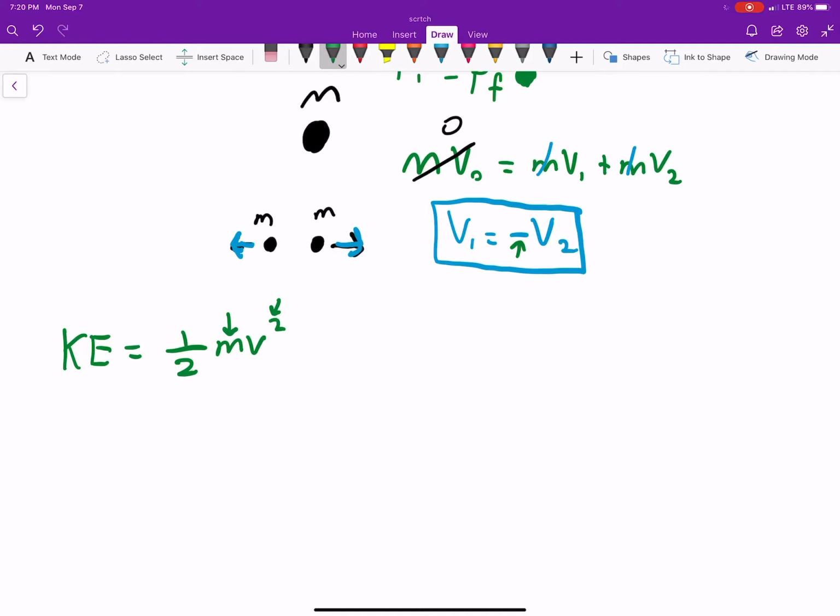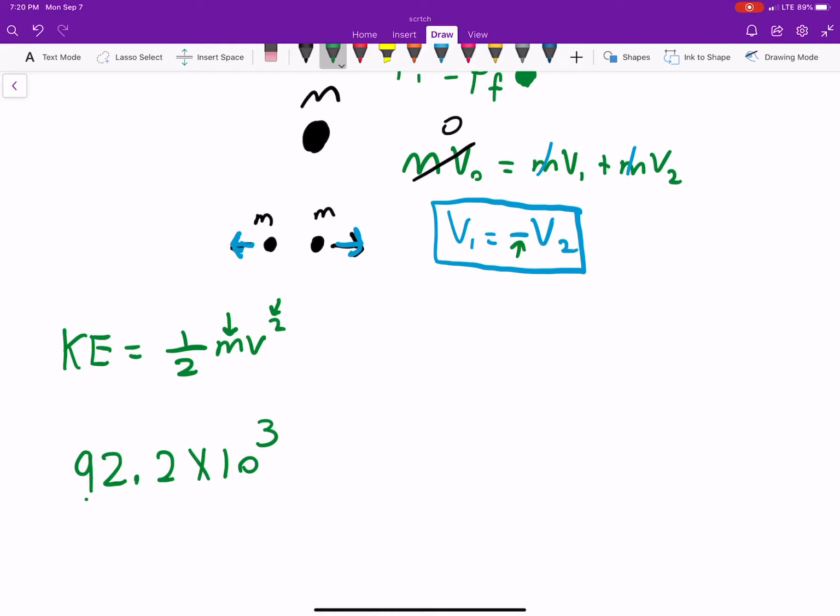Okay, so all we have to do here is we have 92.2 times 10 to the third. So that's just converting to 1 electron volt.